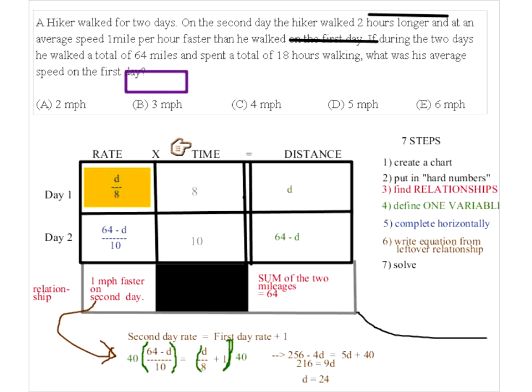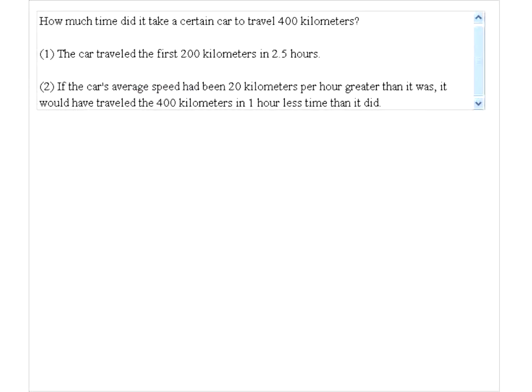Okay, let's move on. Let's try a data sufficiency problem. This is a little bit different for data sufficiency, but I want to see how you guys do. What I'm going to do is turn on the polling. If you look in the upper left corner of your screen, you should see A through E answer choices.